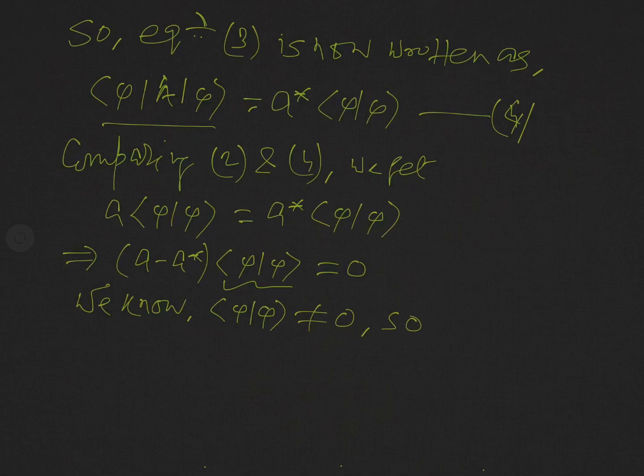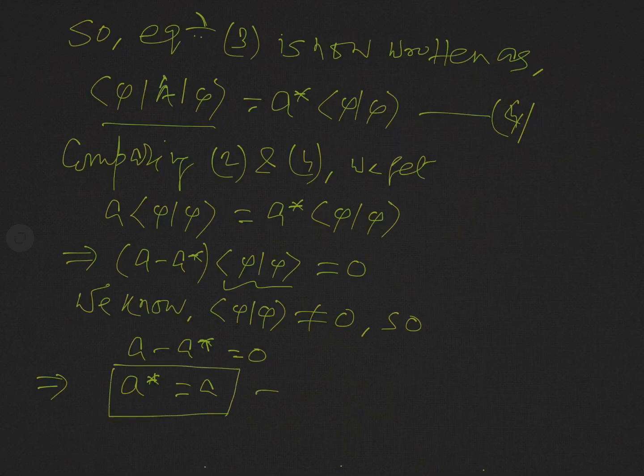And so A minus A star is 0, and this implies A star is equal to A. It means A is real.